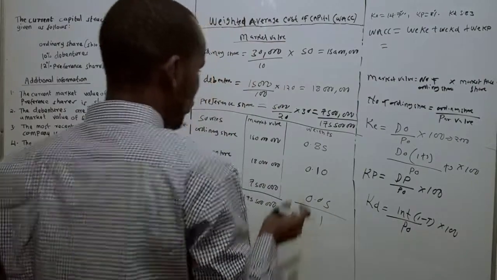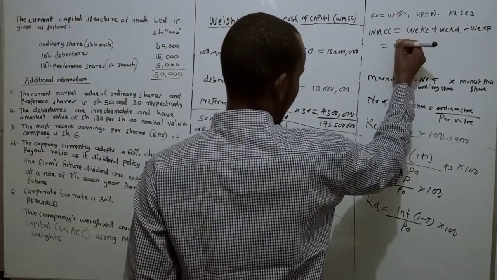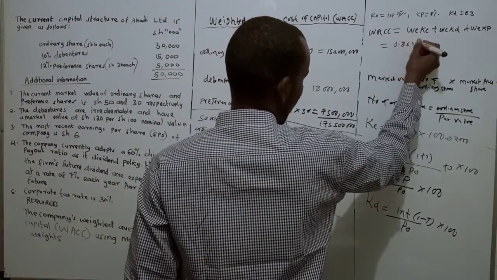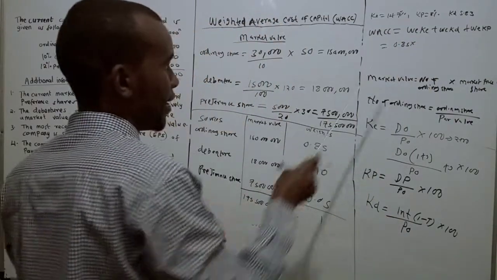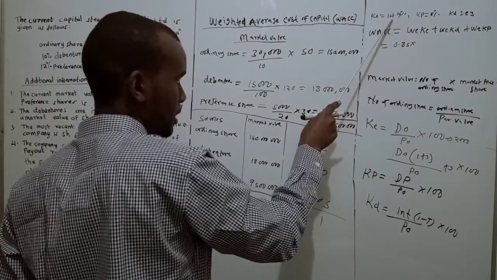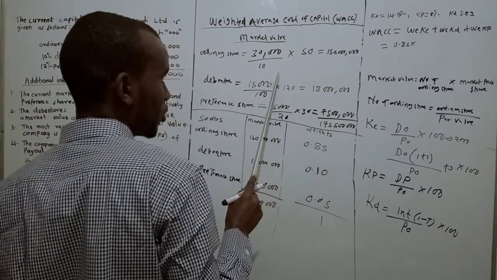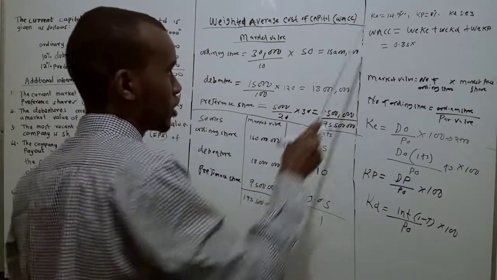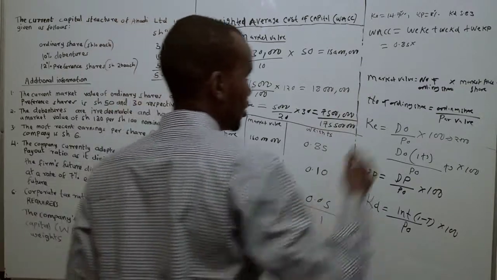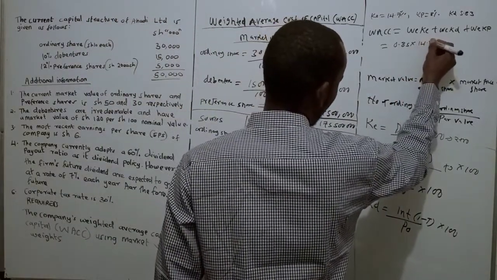Now, our weight of equity is 0.85. If I take 0.85, then multiply by, remember, the cost of equity was 14.7, which I have calculated initially before I wiped the board. The cost was 14.7.